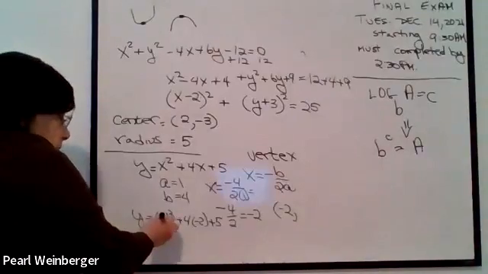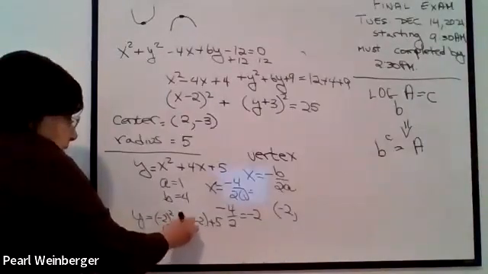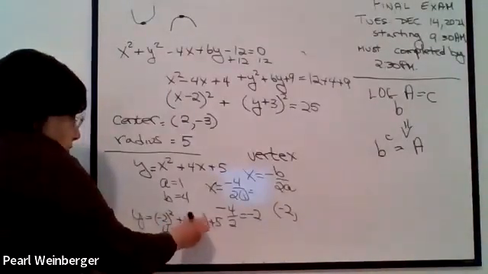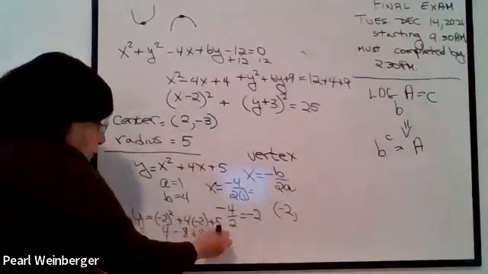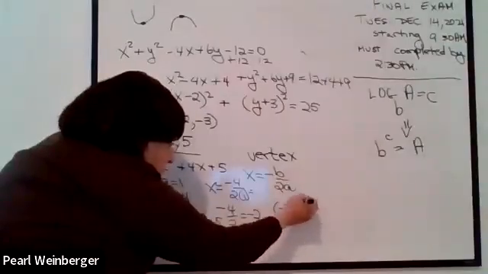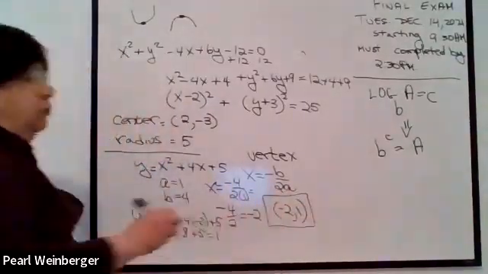Negative 2 squared is 4. 4 times negative 2 is minus 8 plus 5. So 4 minus 8 is negative 4 plus 5 gives me positive 1. So the y value for that negative 2 is 1, and my vertex is the point negative 2, 1.